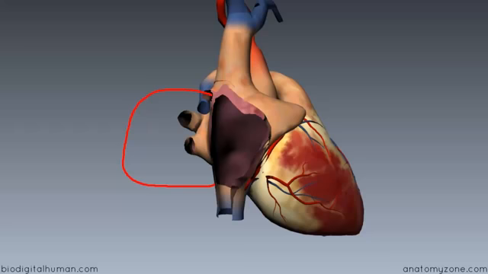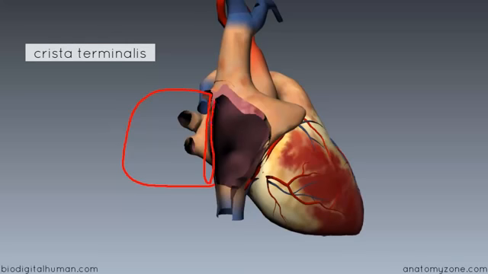Internally, corresponding to the sulcus terminalis, we've got something called the crista terminalis. It's a smooth muscular ridge which corresponds to this line of union between the sinus venarum, the smooth posterior wall, and this muscular ridged wall.